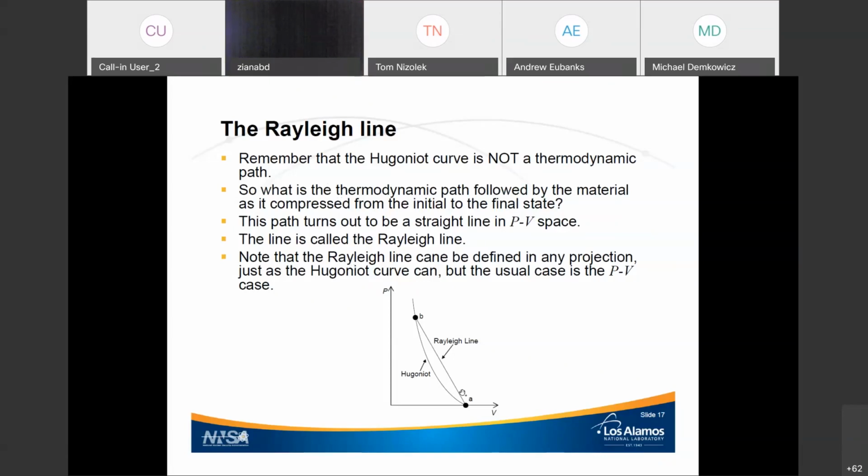Well, that means that the Rayleigh line is a straight line in pressure volume space. And that becomes important when we're defining things. The Rayleigh line can be defined in any projection, but it is mostly used in the pressure volume case.